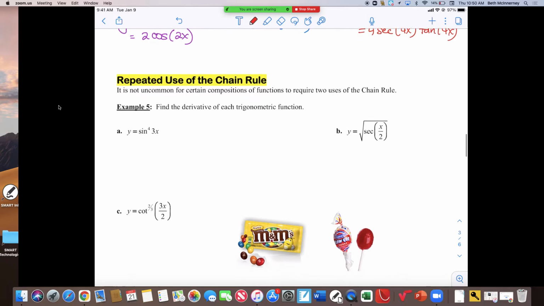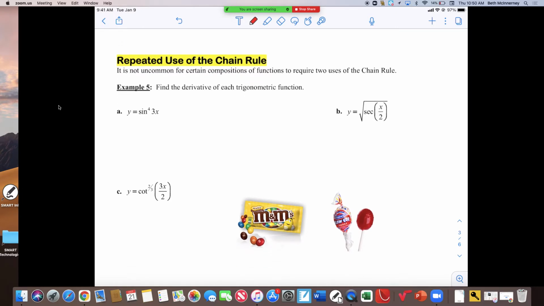So let me show you how to do this in example 5. The first thing I'm going to do is rewrite the function. I'm going to move nice and slowly here to get you to stay with me. This is really y equals the sine of 3x, to the 4th.